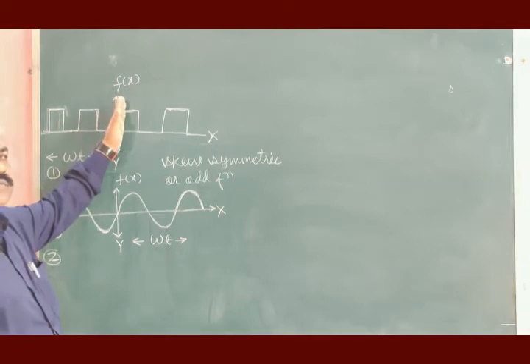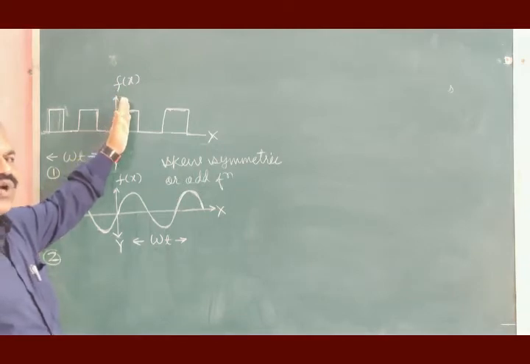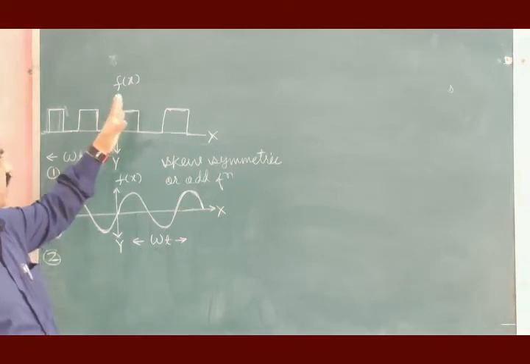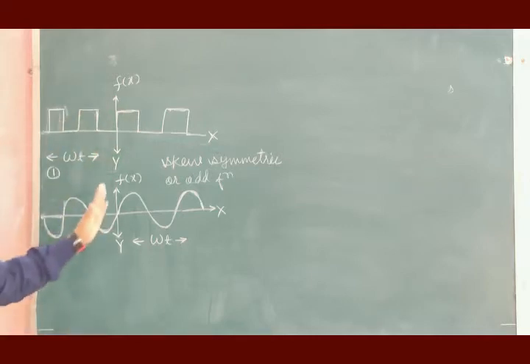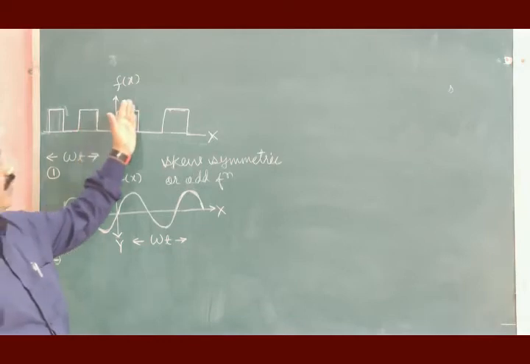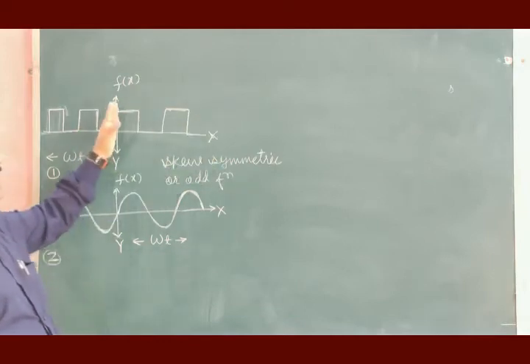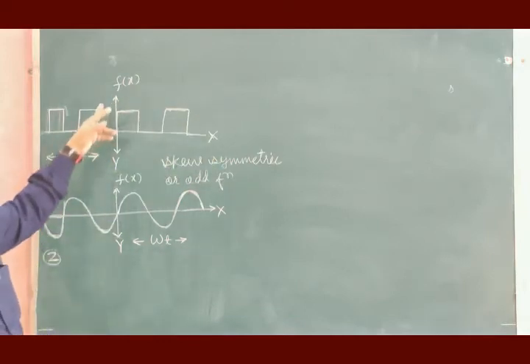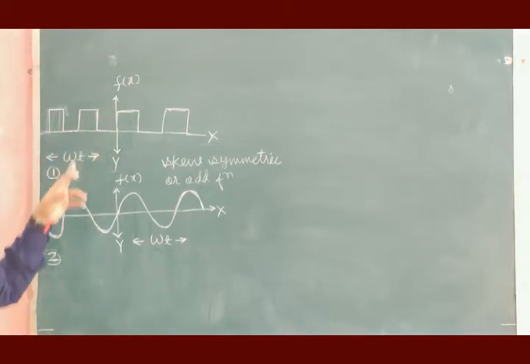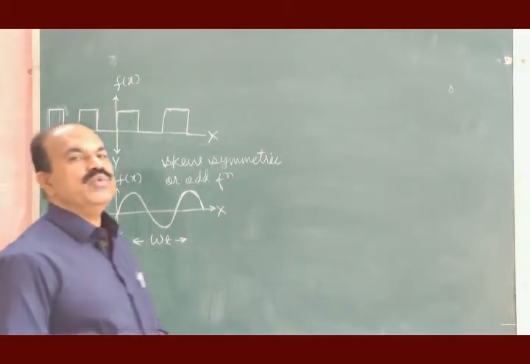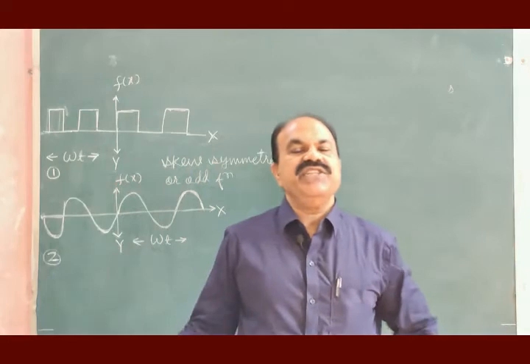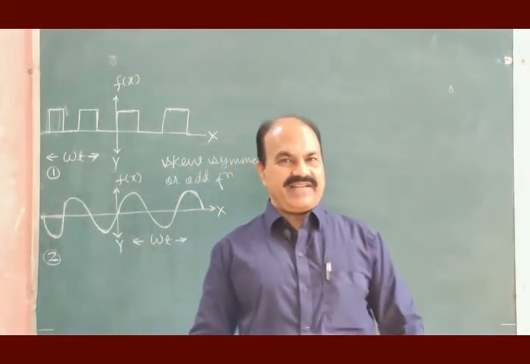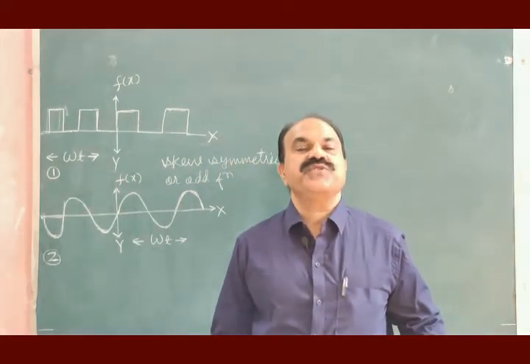Taking the x-axis or y-axis as mirror in figure 1 as well as in figure 2, if we look at the waveform on the right side and the waveform on the left side of the y-axis in figure 1 and in figure 2, we find that these are not symmetric. These are skew symmetric.